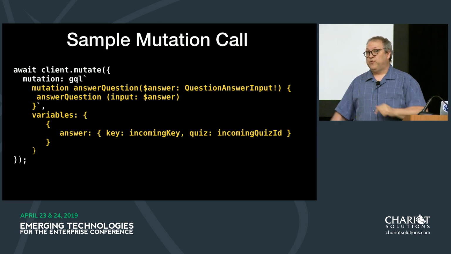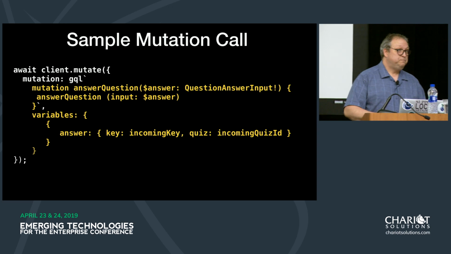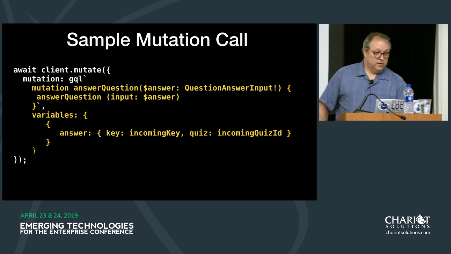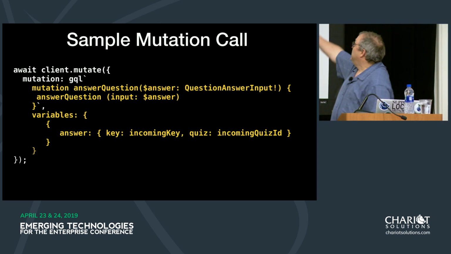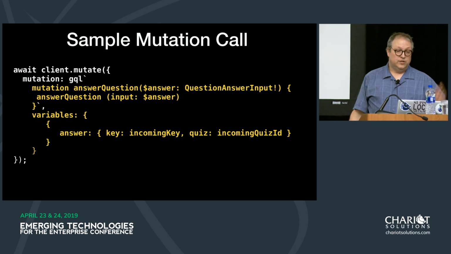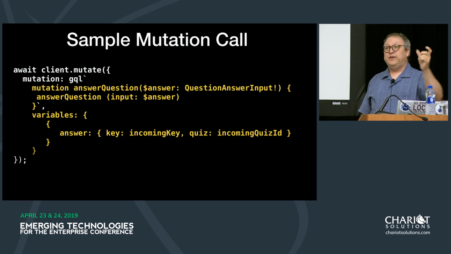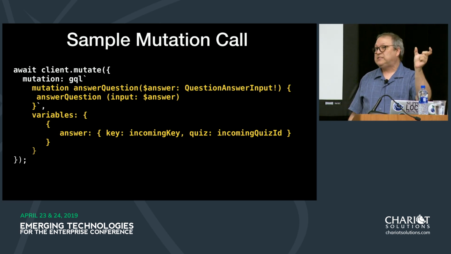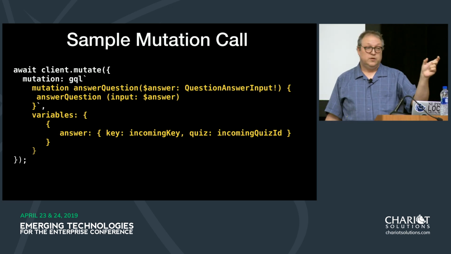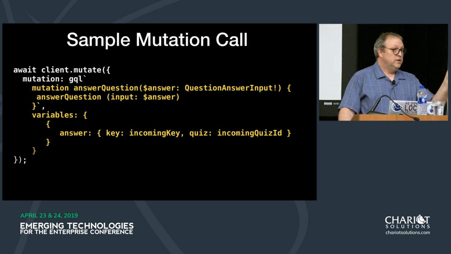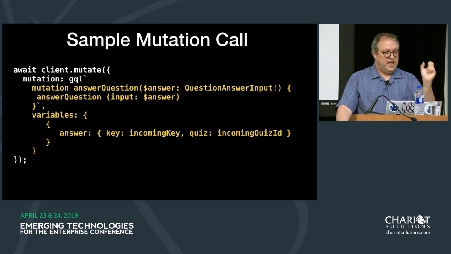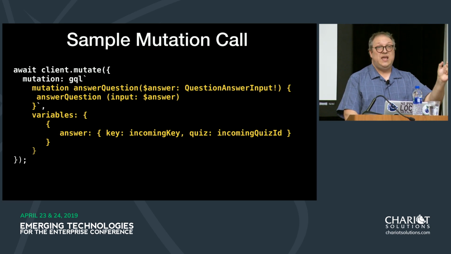So that better be there for me to run this query or it's going to blow up. Then you'll notice the curly braces there on the right. So I open up the actual detail of it, and I've got the mutation name in there. That's the mutation name from the schema, so answer question. And then the name there, input, happens to need to match the name in the schema for that parameter.